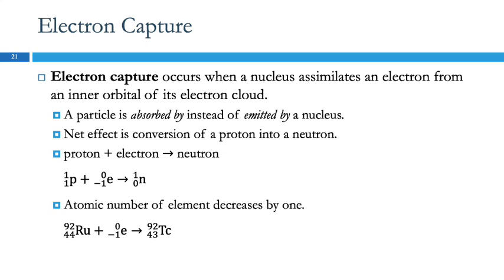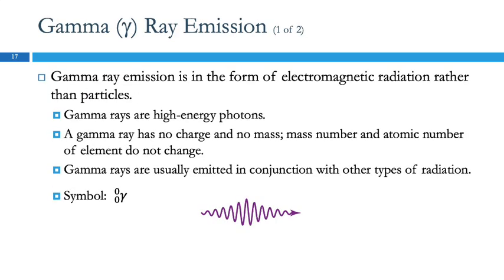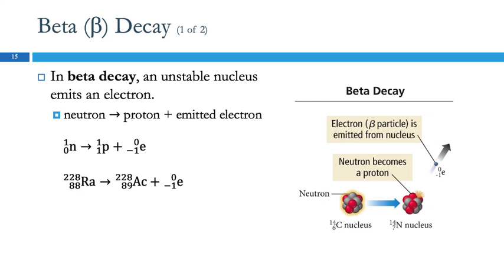So what happens here with electron capture is one of the protons in the nucleus combines with this electron that got captured to make a neutron. And this is the opposite of this one, right? This was emitting an electron.